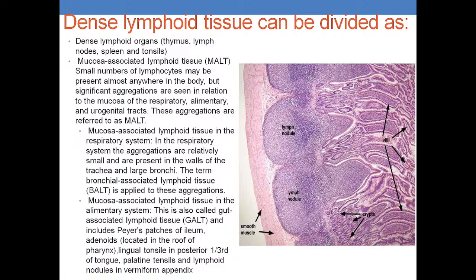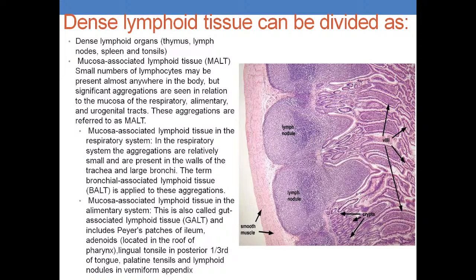Mucosa-associated lymphoid tissue, MALT. Small numbers of lymphocytes may be present almost anywhere in the body, but significant aggregations are seen in relation to the mucosa of the respiratory, alimentary, and urinary tract. These aggregations are referred to as MALT, mucosa-associated lymphoid tissue.